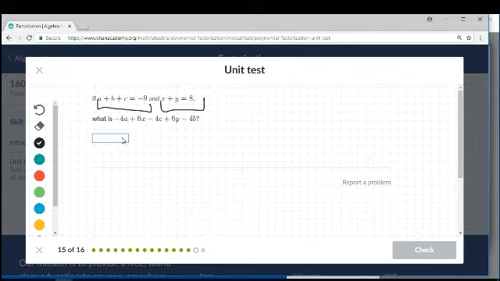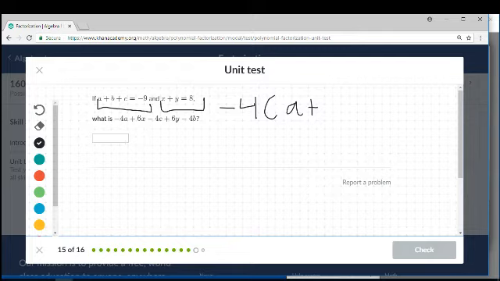So let's see. We have 4a, 4b, and 4c. So that means that we have negative 4. So what we can do is rewrite this as negative 4 times a plus b plus c.